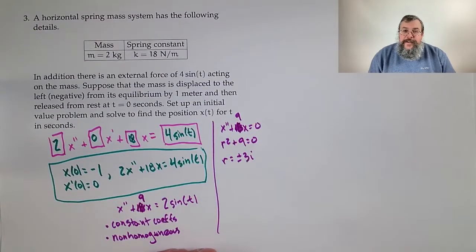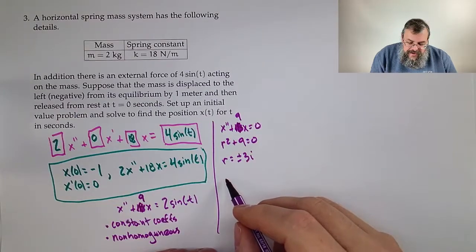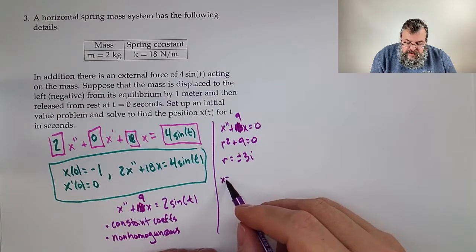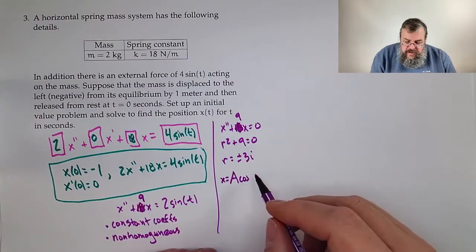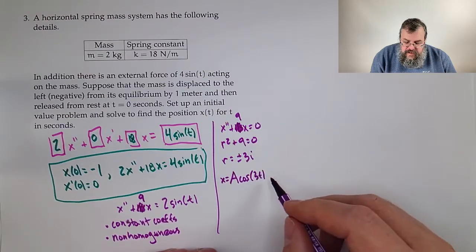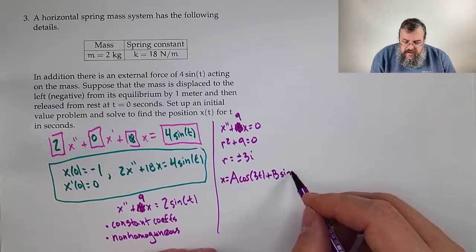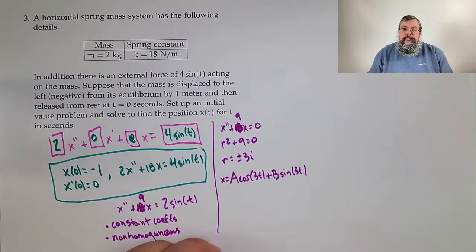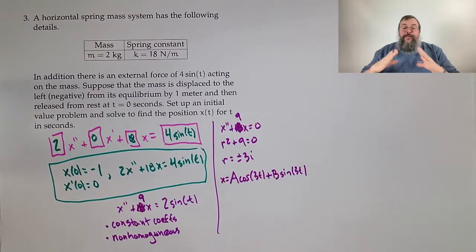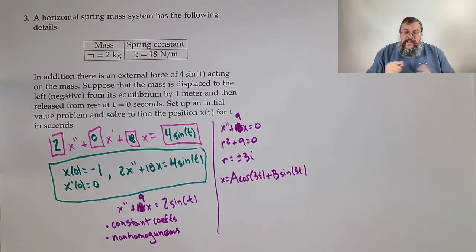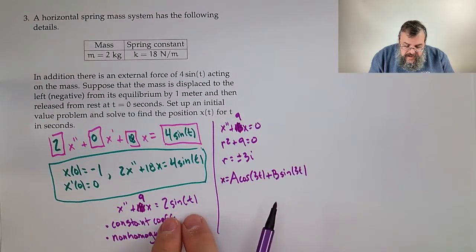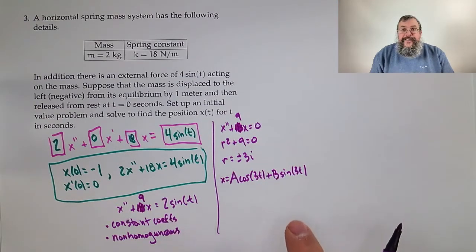Not even a little bit of real part. There's no real part. That says our solutions have the form something cosine 3t plus something sine of 3t. All right, so that's the homogeneous part. And now we say, okay, does sine t, does that look like anything there?